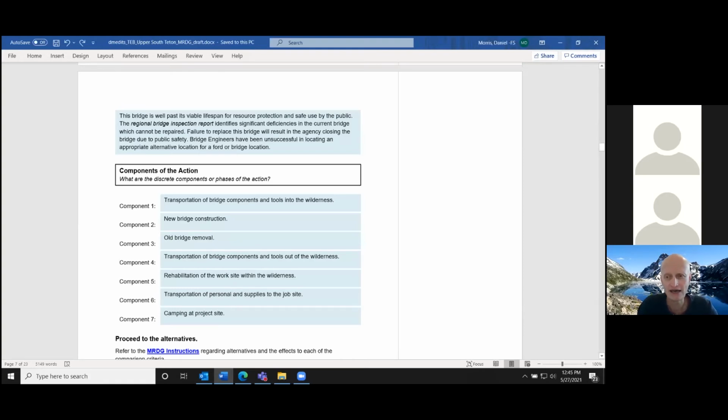So they probably have covered every component of the action there. So this one, you just want to be thoughtful. You don't need every single tiny little action in here, but on the flip side, you don't want to lump too much.